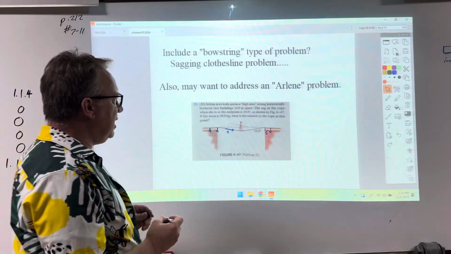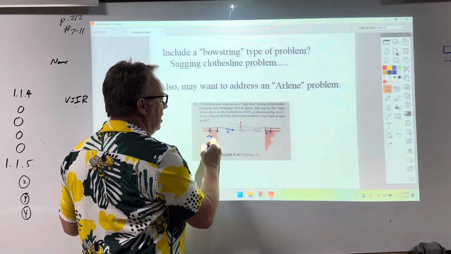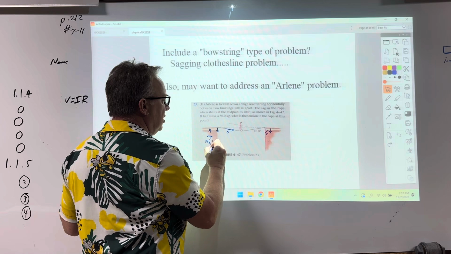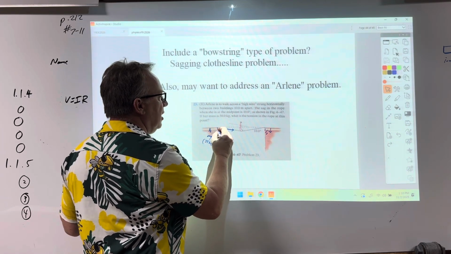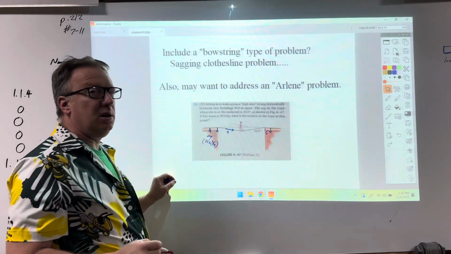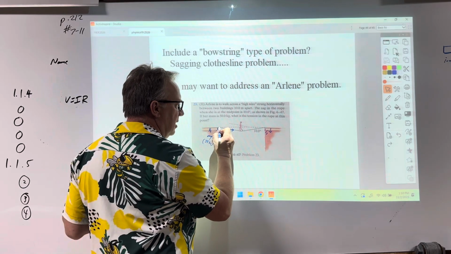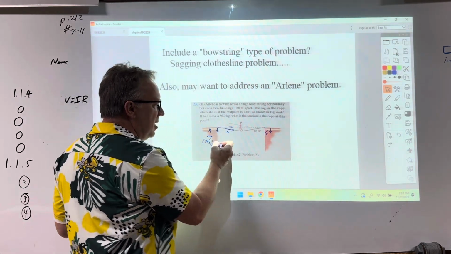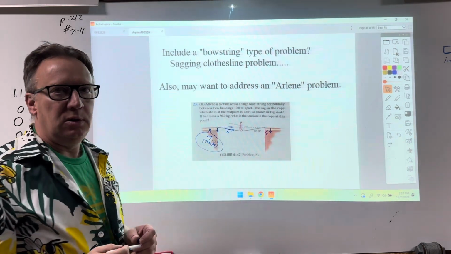So if she's 50 kilograms, on this side you'd use 25 kilograms times g to figure that out. And then it becomes like the clothesline problem. You figure out the tension force based on half of it, not the whole thing.